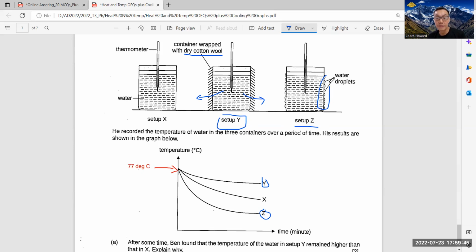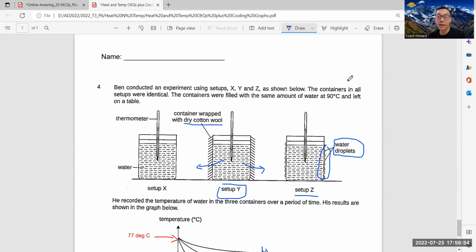It's not condensation because it's hot water. This water droplet, they did not mention in the question. My best guess is perhaps Ben sprayed water on this, and when you spray water, it will accelerate the cooling process.